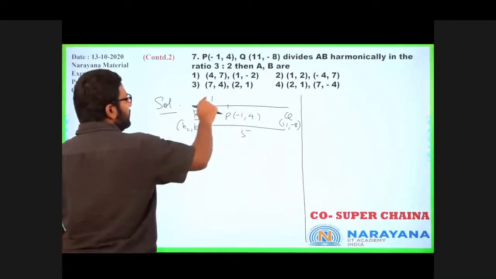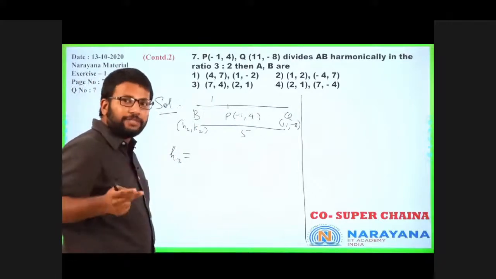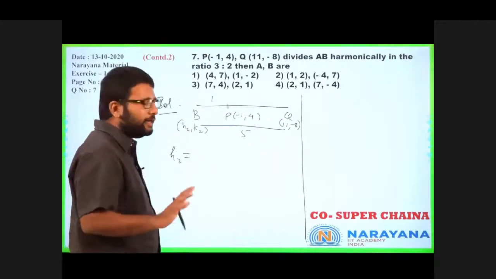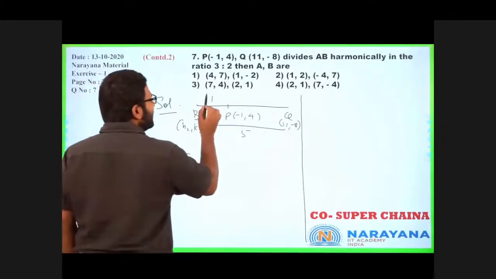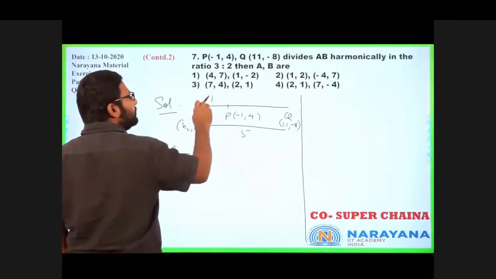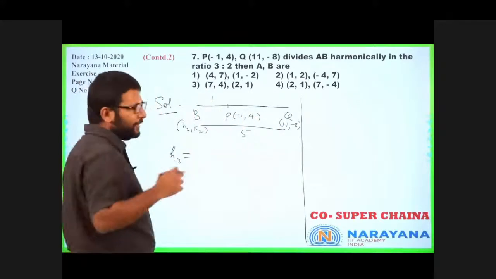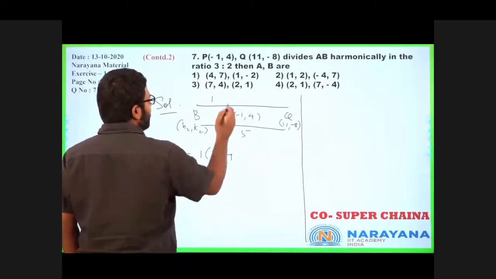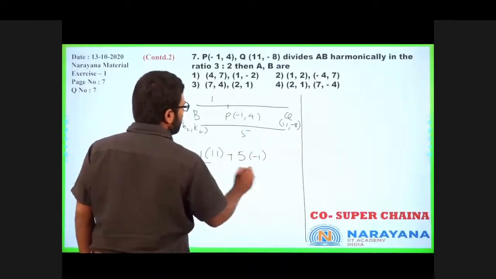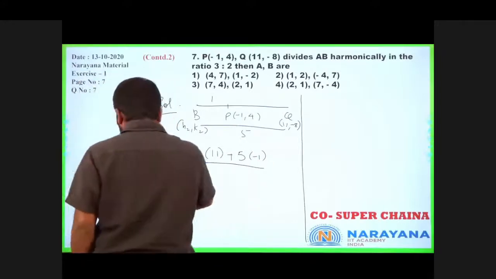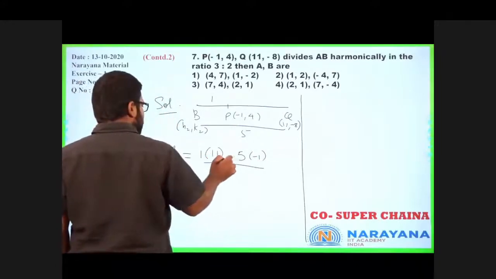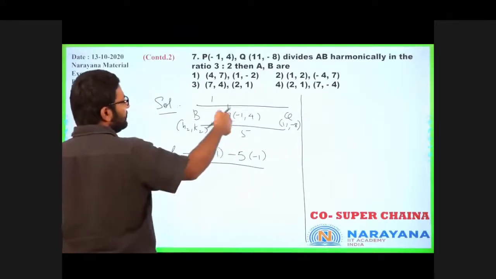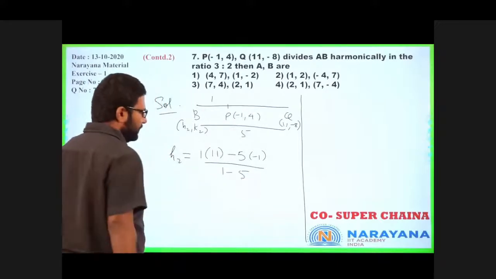So h2 would be, a lot of students again they get confused with external division, okay, because they don't know which ratio to multiply with which coordinate. Just remember, if BP is 1, then you use 1 to multiply with Q. Think of it that way, right? So 1 into 11, not plus, this is external division, therefore you use minus: 1 into 11 minus 5 into -1 upon 1 minus 5, okay?